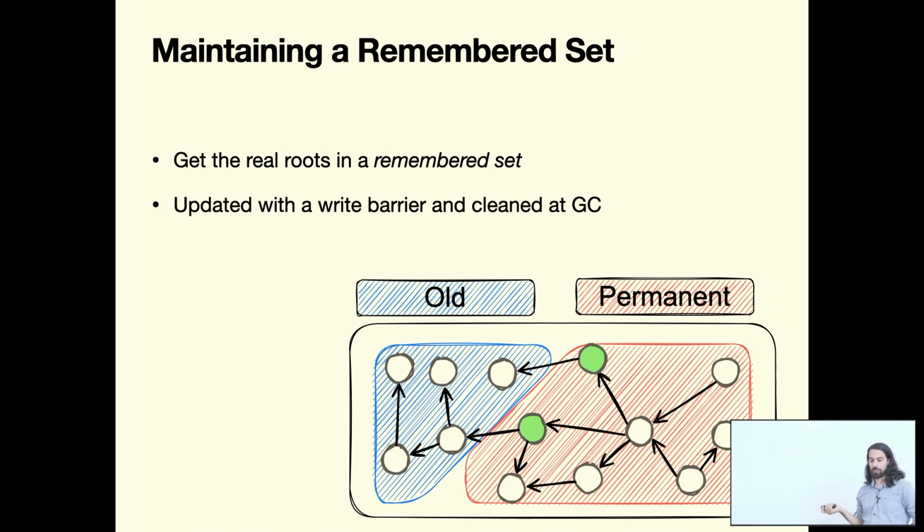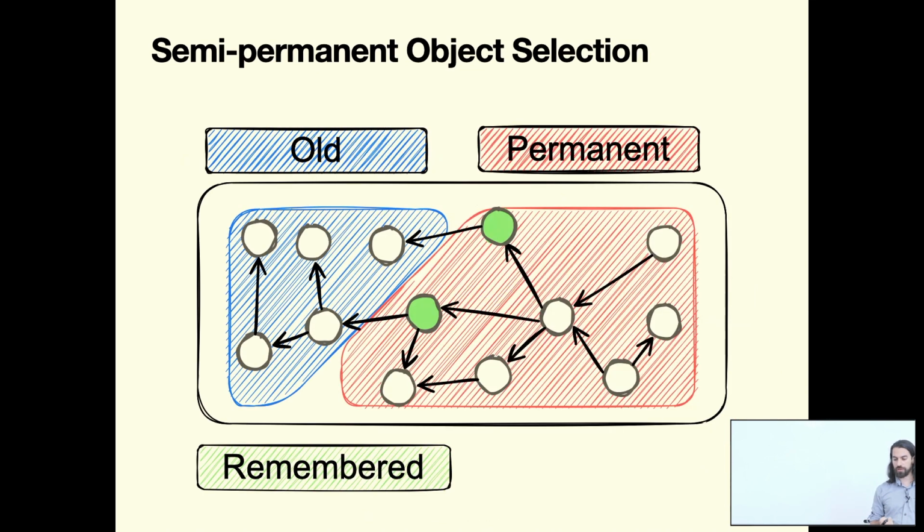But okay, so we have this. Another thing is, we want to select what are the objects that are going to be here. Because we start with all objects as blue, and then you need to somehow decide which are the ones that you're going to move to the red space.